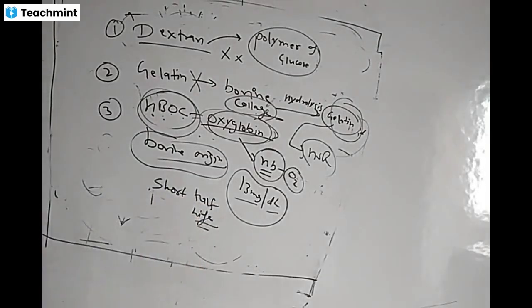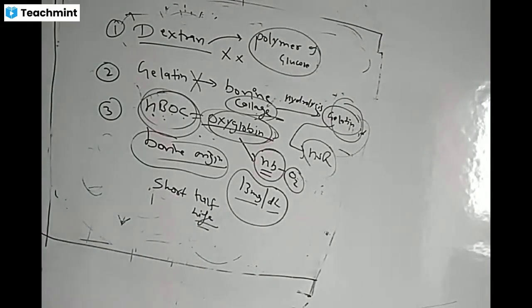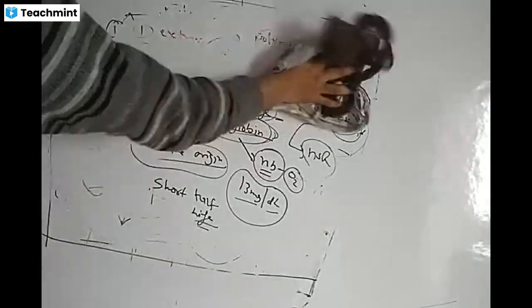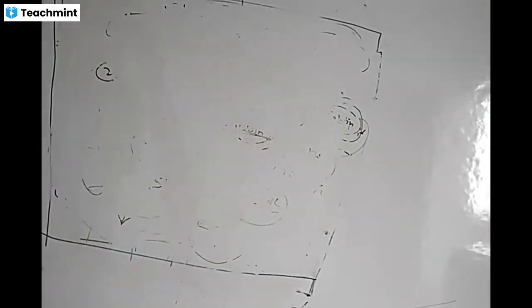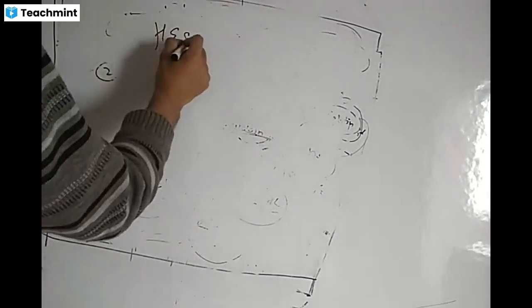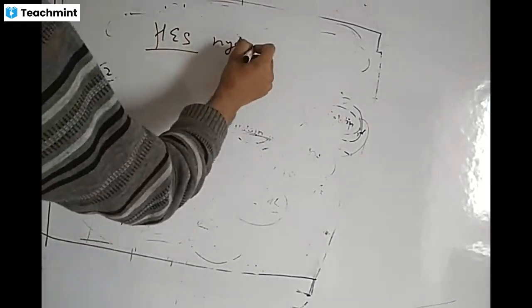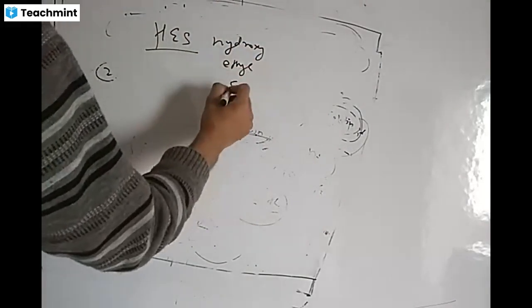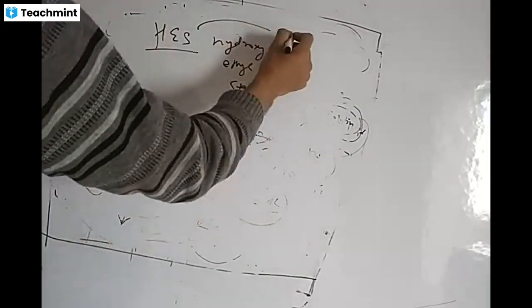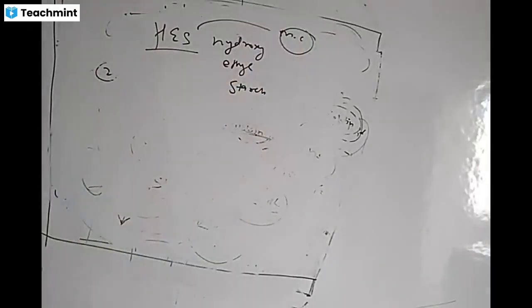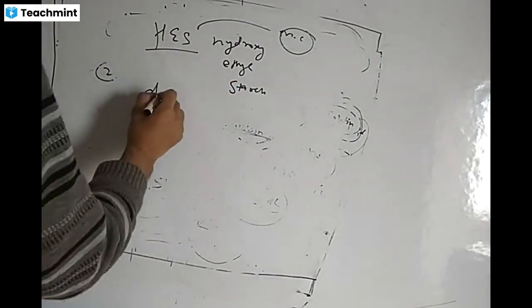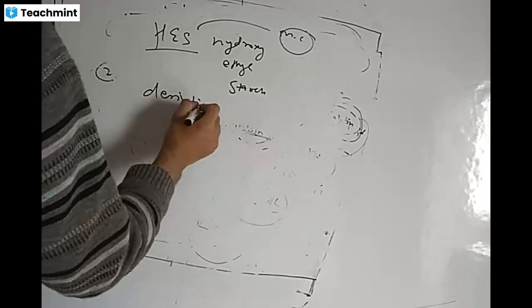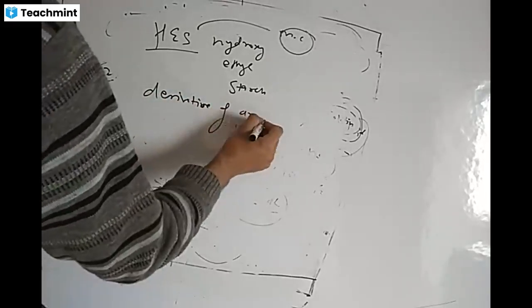The next molecule, which is commonly used in synthetic colloid in veterinary practice, is hydroxyethyl starch, HES. This is more commonly used. This hydroxyethyl starch is nothing but a derivative of amylopectin.